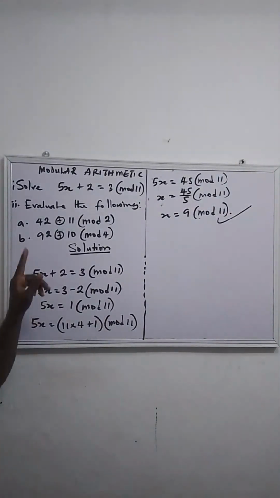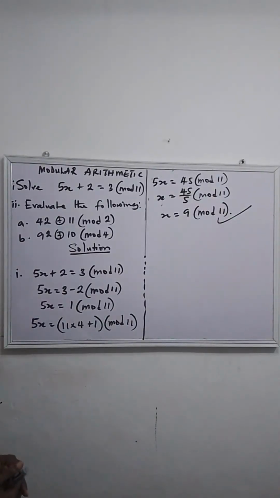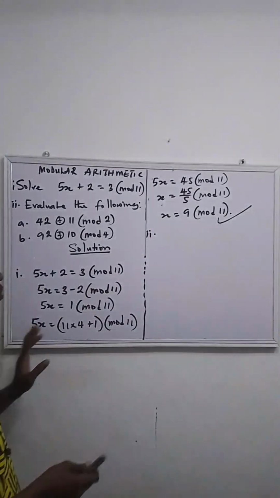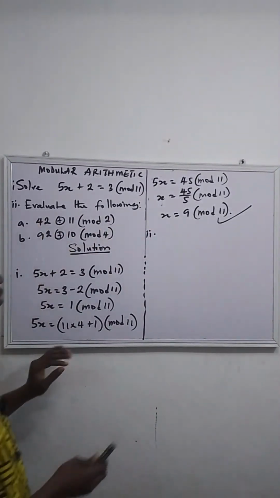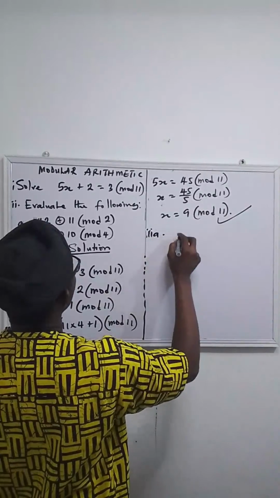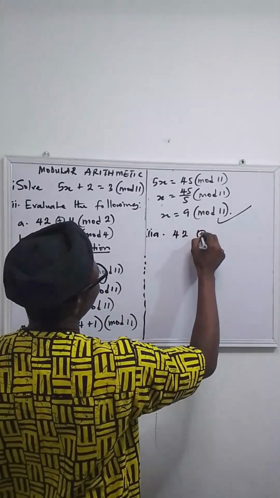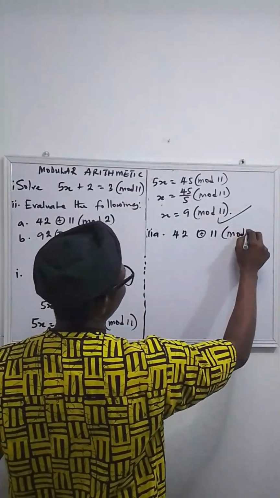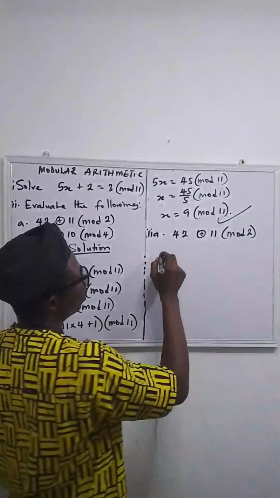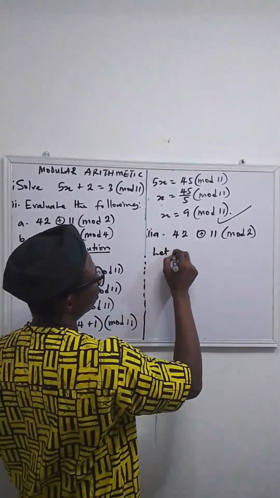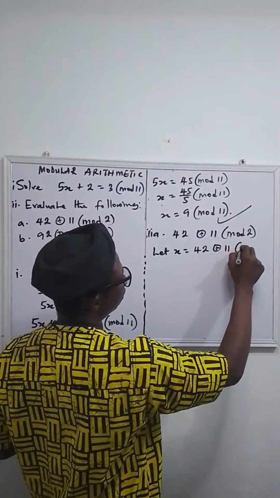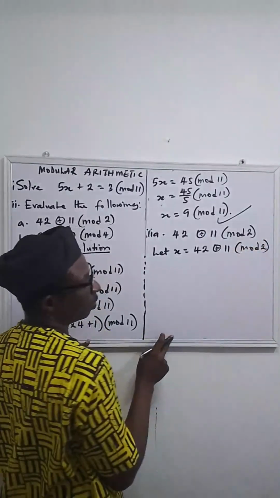All right. Can we move down to the next one, the second part of the question? Here you have to evaluate the following. Look at it, we have 42 divided by 11 in mod 2. To do this, you start by making an assumption, let's say x is 42 divided by 11 in mod 2.